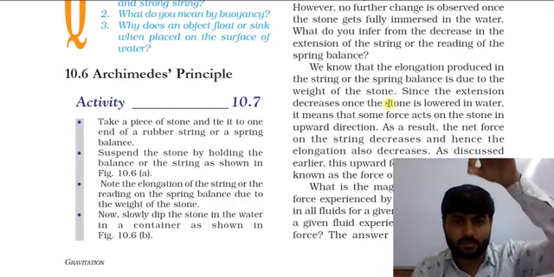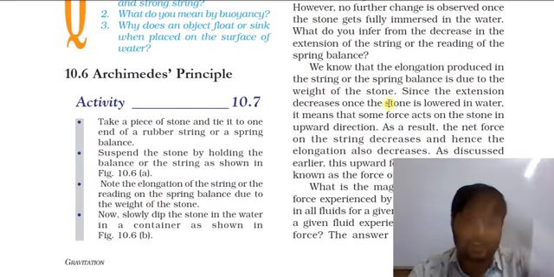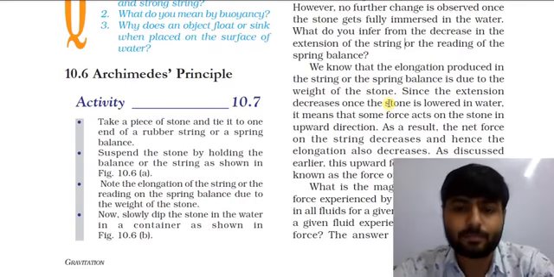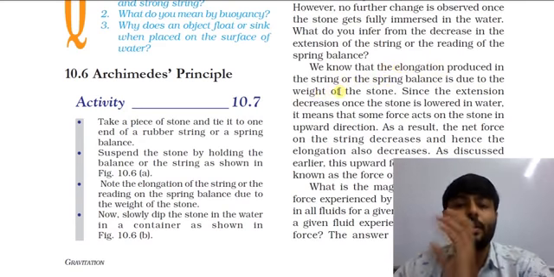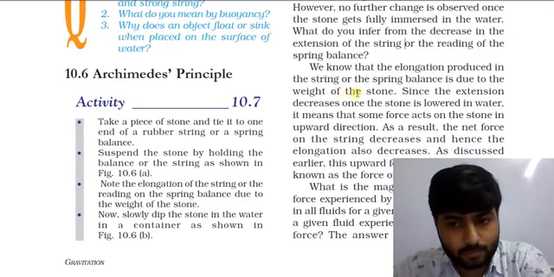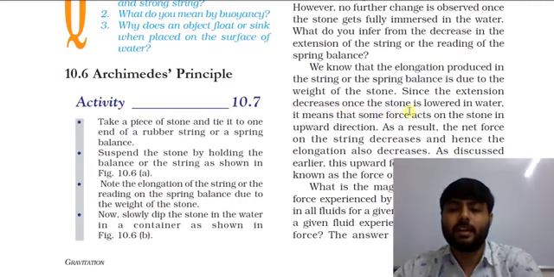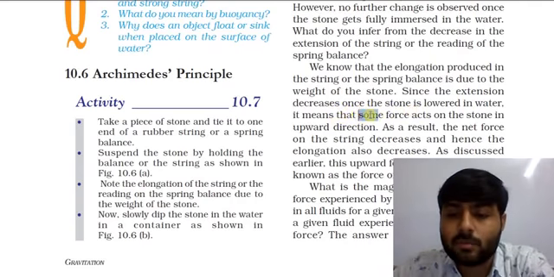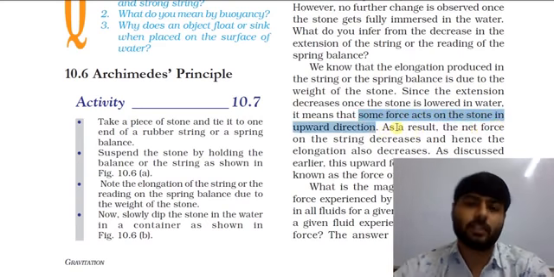Elongation is in this direction, and the force acting in the downward direction is the weight. Since the extension decreases once the stone is lowered in the water, it means that some force acts on the stone in the upward direction.